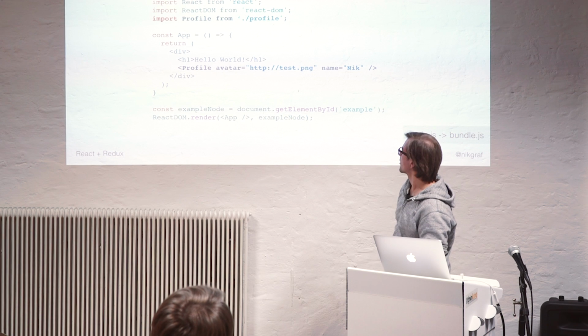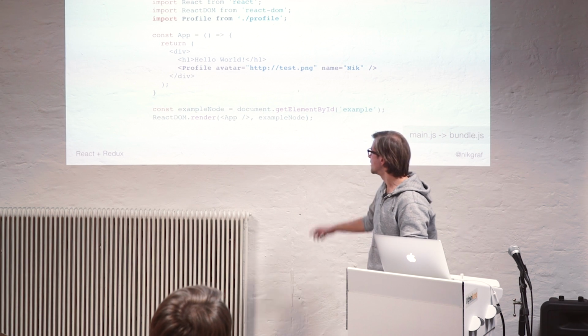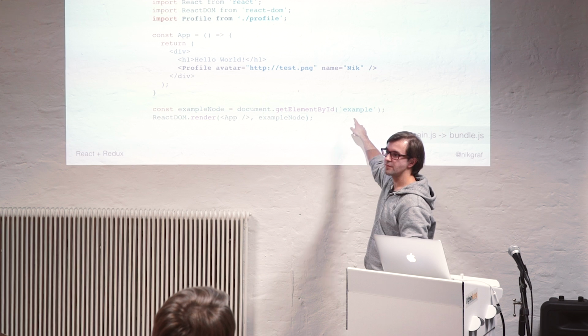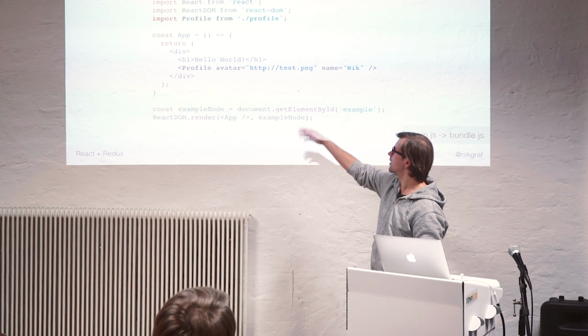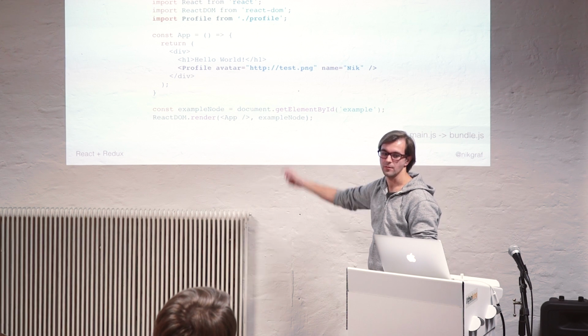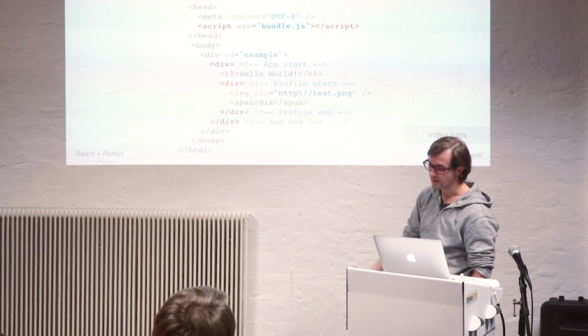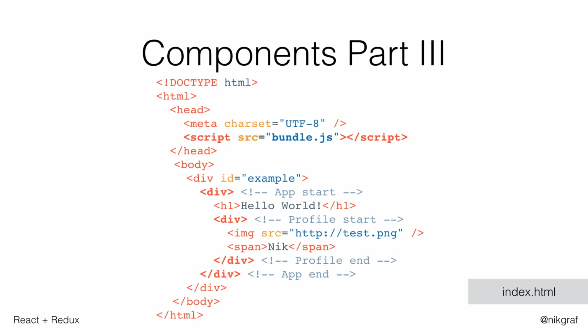And there's a little bit of code just to render it: we fetch the example div, as we've seen from the index before, and then we put our app component into the DOM. And the outcome is this. It's simply rendering, because as I mentioned before, React is just there for rendering.